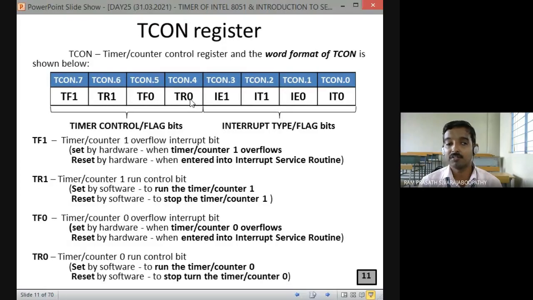In TCON, which bits must be used to enable or disable the timer? TR1 and TR0. Very good. I hope everyone understands this concept.